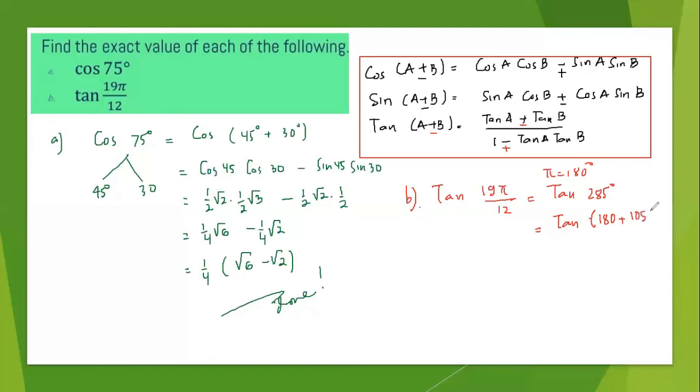Good. So tangent 180 plus... modification first. No change for the conversion of 180. So it means it will be tangent 105, right?